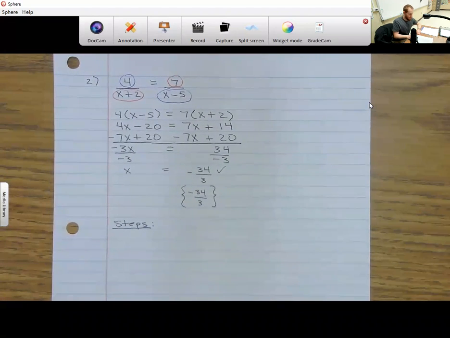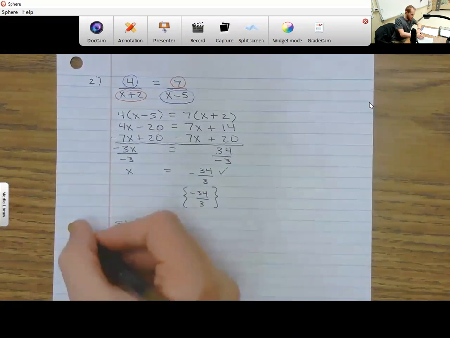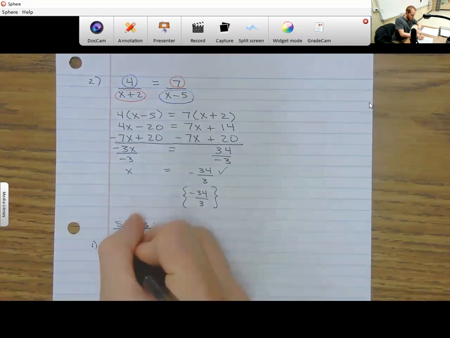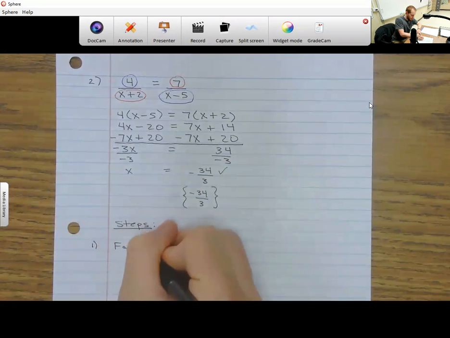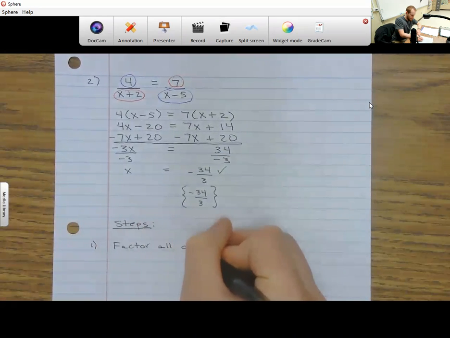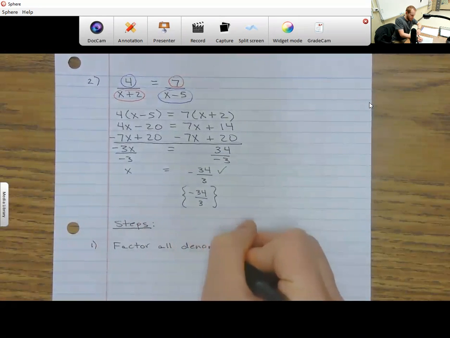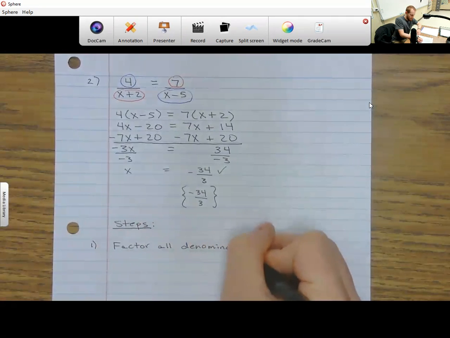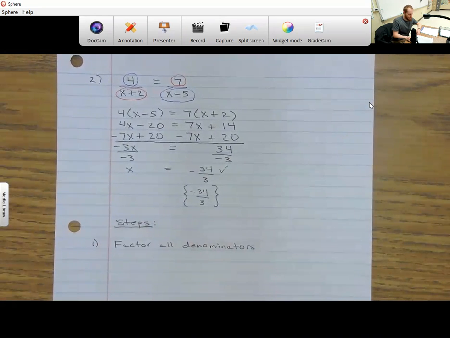Okay, so the first step you're going to do is factor all denominators. Factor all denominators. That means the bottom of every single fraction. You're going to factor as much as you can.